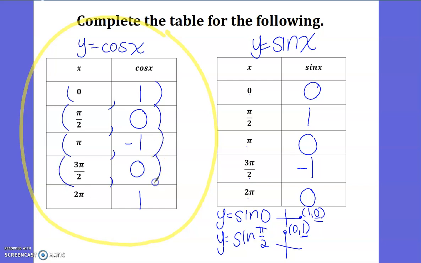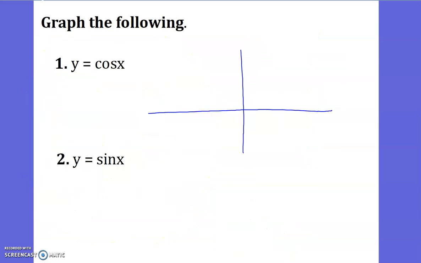Our x values are going to be these angles, so that's how we label our x-axis. I am going to start, and we have pi over 2, pi, we had 0, but that's right there, 3 pi over 2, and then 2 pi.